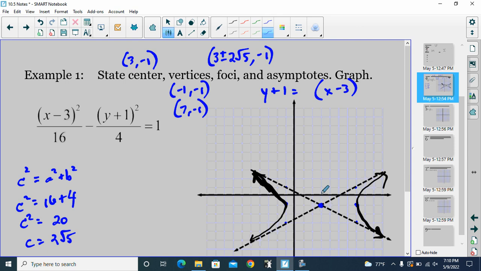And this slope is up 2 over 1, 2, 3, 4. Up 2 over 4. Or up 1 over 2. This one is down 2 over 4. So my slopes of the 2 lines, one is positive 1/2 and one is negative 1/2. And both asymptotes cross through the center. So I'm using the center as the point.